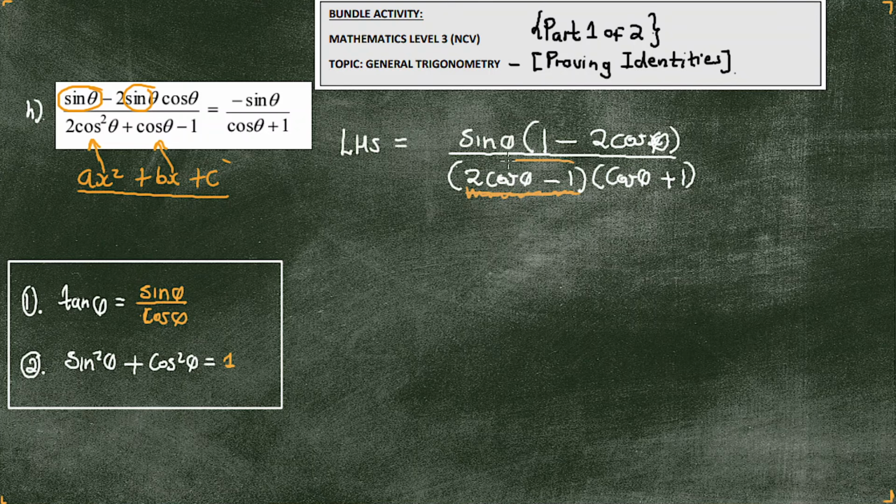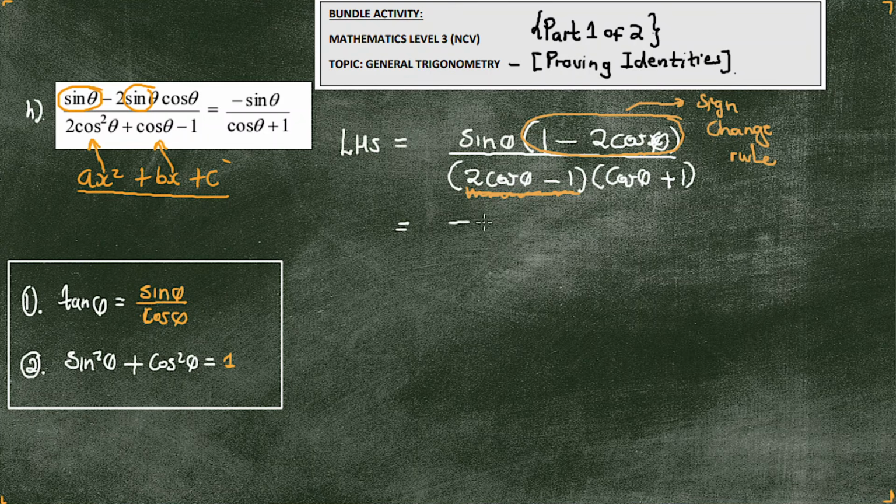So for this bracket, why not do the sign change here? I'm going to apply what we call the sign change rule. Why are we doing that, and how do we do it? We actually take a minus out of this bracket.